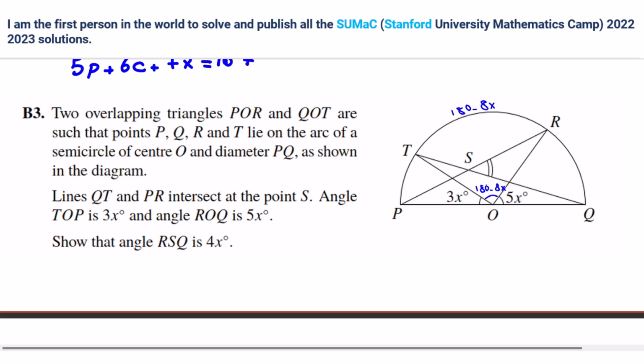So if you make an angle TQR, draw a line from R to Q. Yes. PQR is half of that. So that is 90 minus 4x. Yes.